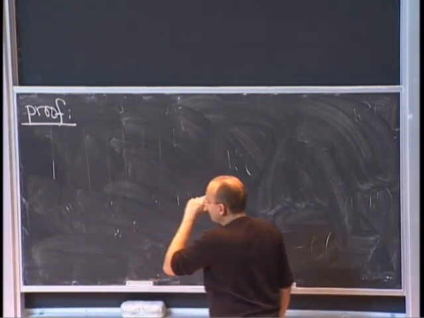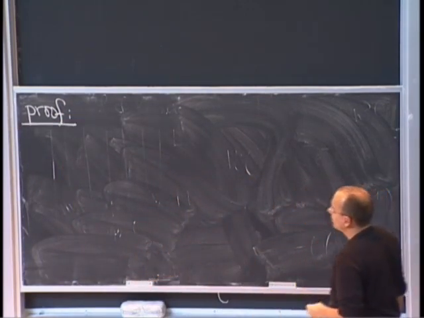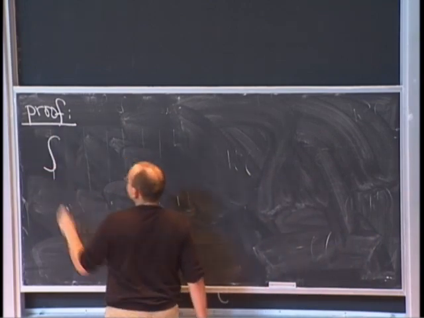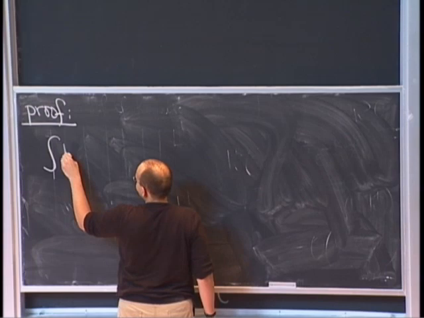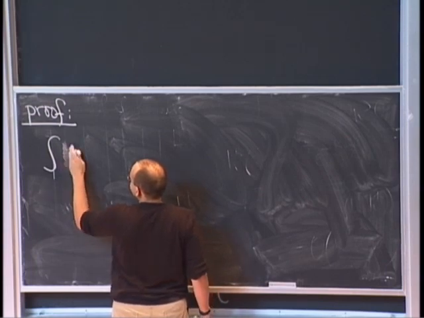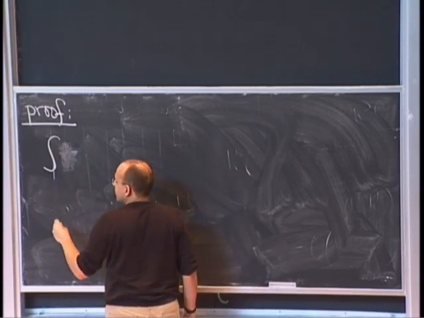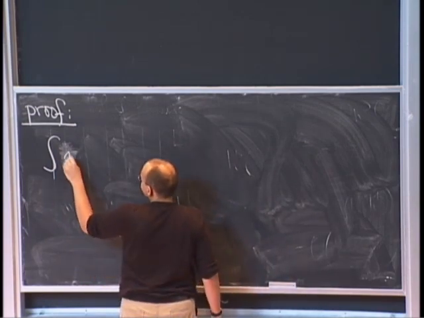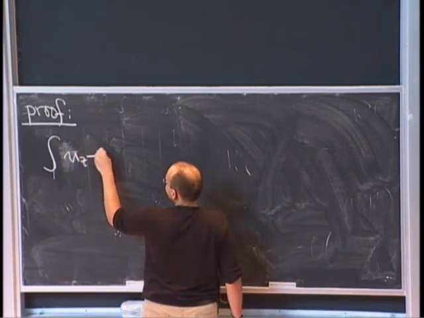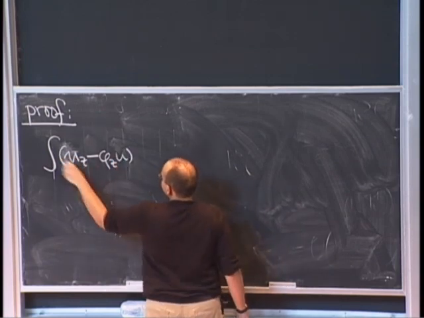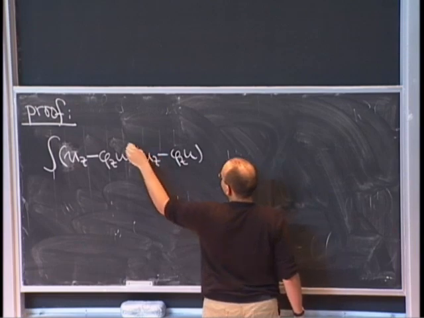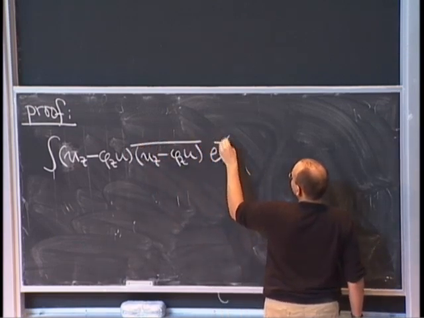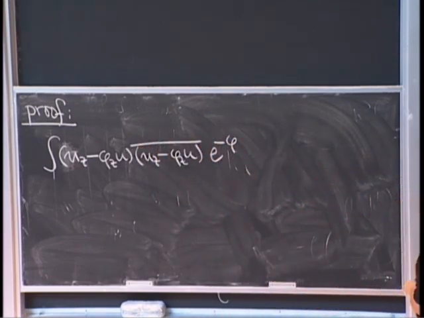Proof of this. Also the sort of uz minus phi zu times uz minus phi z u bar times e to the minus phi. That's what's on the left-hand side.